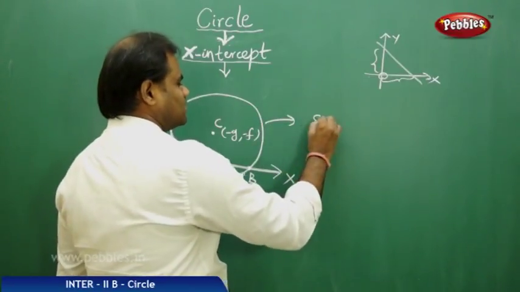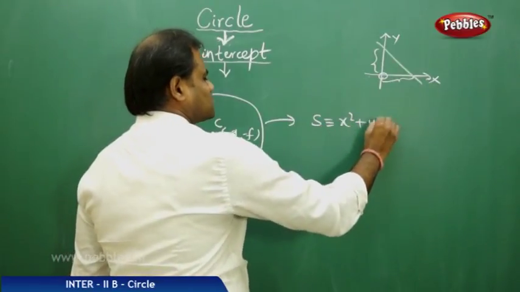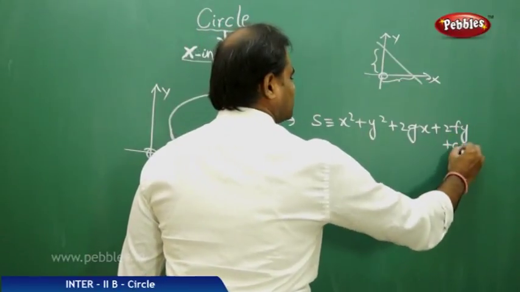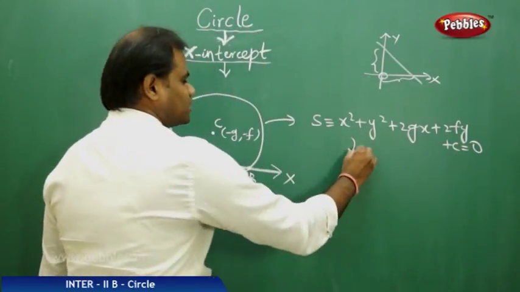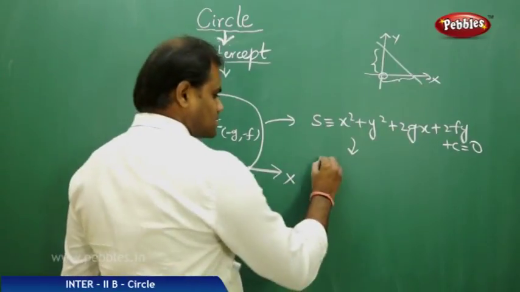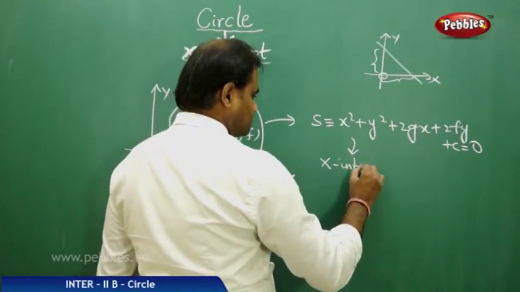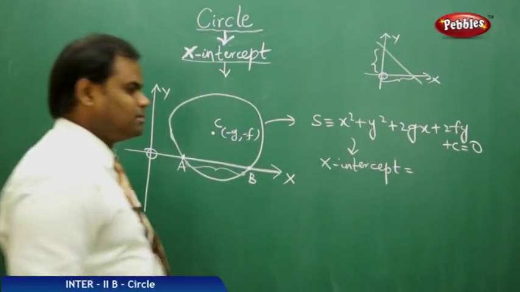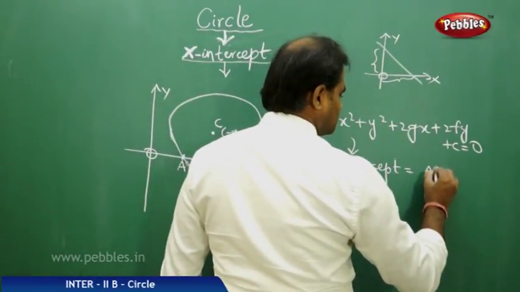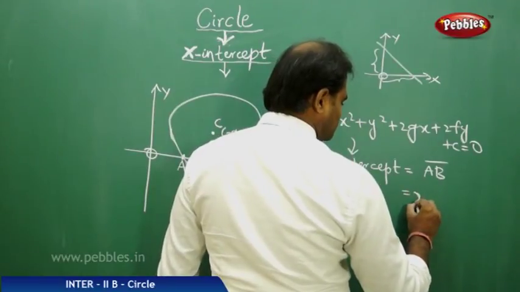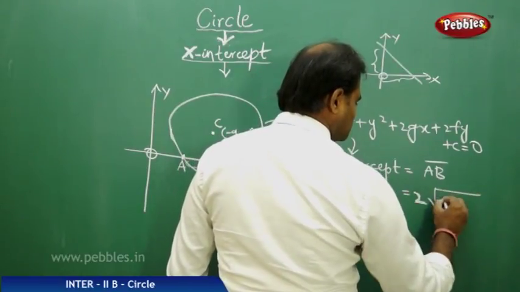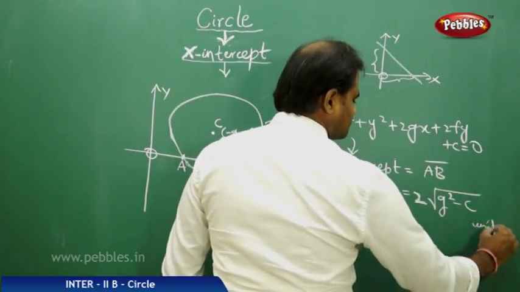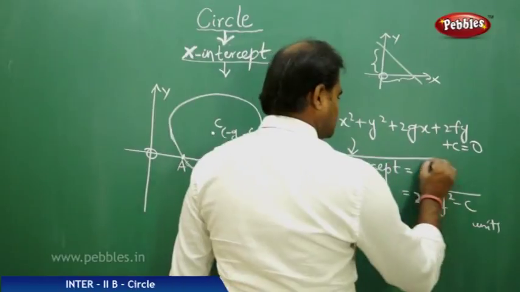Say my circle is x squared plus y squared plus 2gx plus 2fy plus c equal to 0 in its general form. Then the x-intercept is clearly the distance AB, which is given by 2 root g square minus c units.